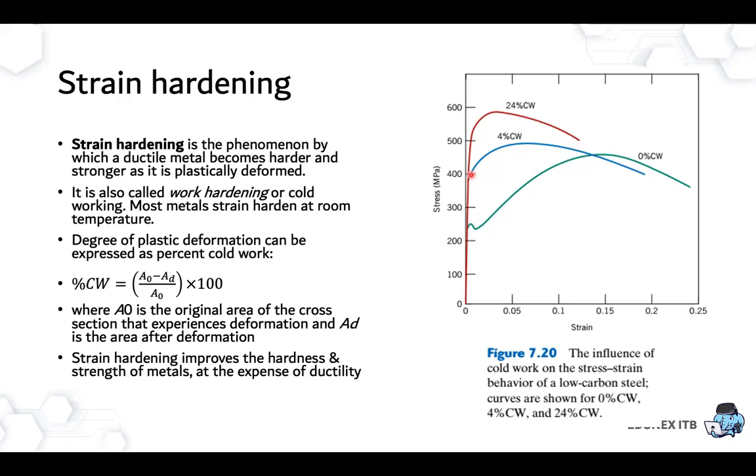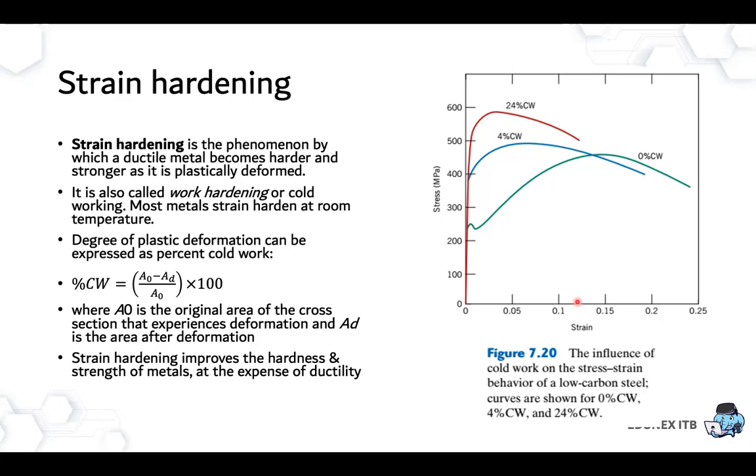And if you increase again to 24% cold work, you can even reach almost 600 megapascal, almost 3 times the original one. However, if you look here, the elongation will decrease from almost 0.25 to maybe only 0.12.